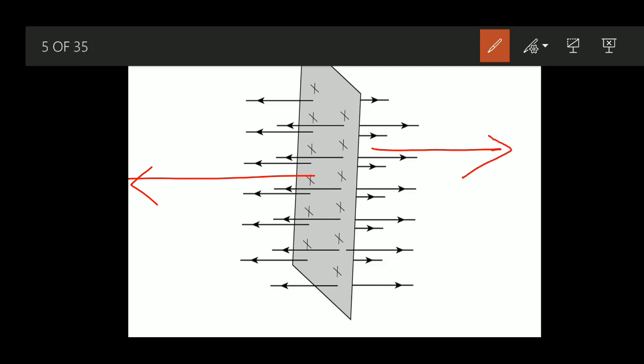It's a two-dimensional view, so the charge has its effect on the left side also, on the right side also. So the field is acting outward from the positive charge.